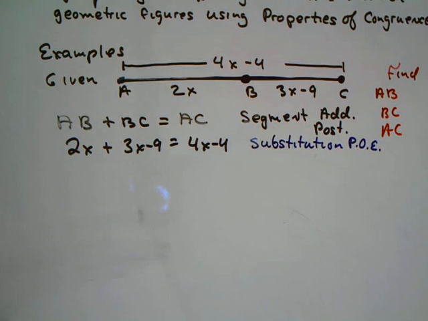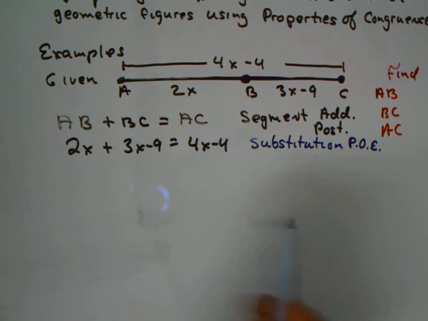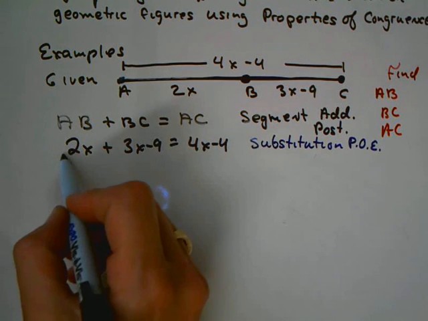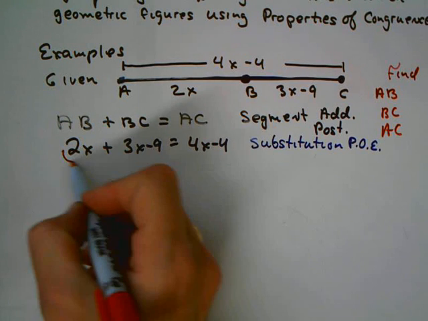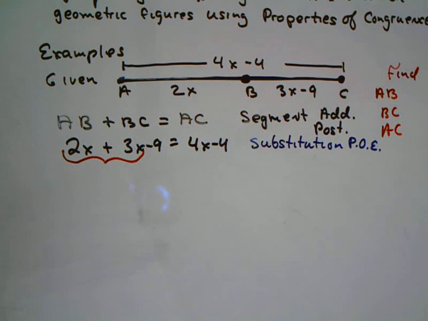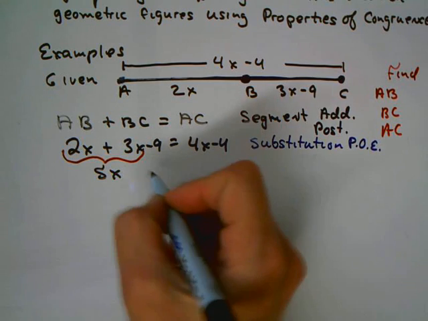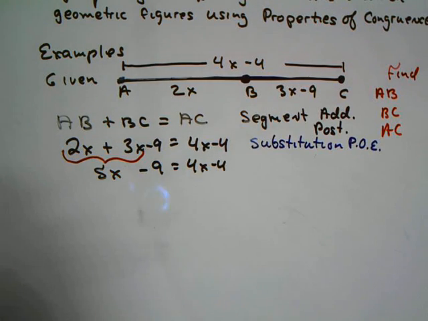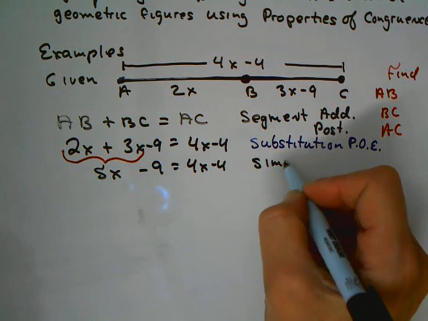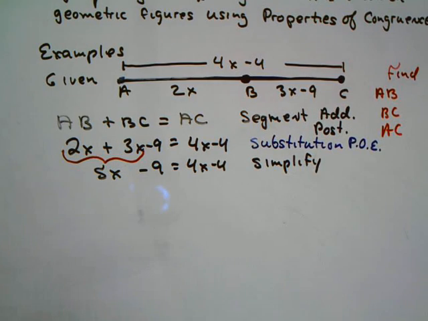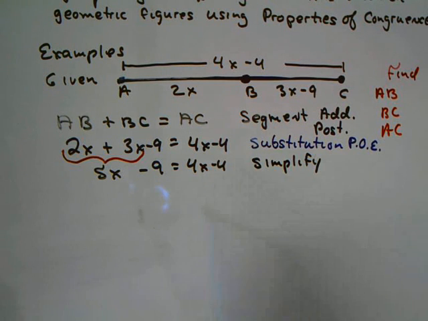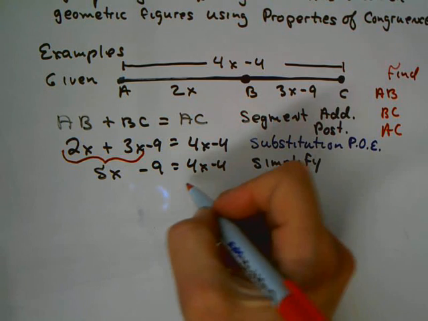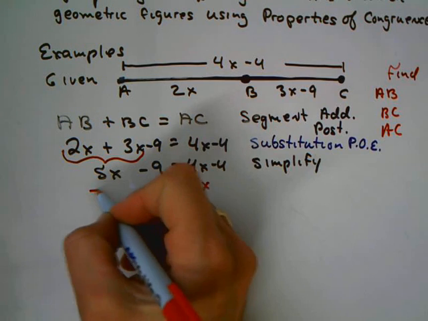Now, if you were going to solve this in an algebra class, you know the next thing you would do would be to simplify. You would add your like terms and get 5x minus 9 equals 4x minus 4. Because all you did was simplify, we'll just write simplify. You can write combined like terms, but why write all those words if you could just write simplify? Now, I need to get all my x's on one side of the equation, so I'm going to take 4x away from both sides.